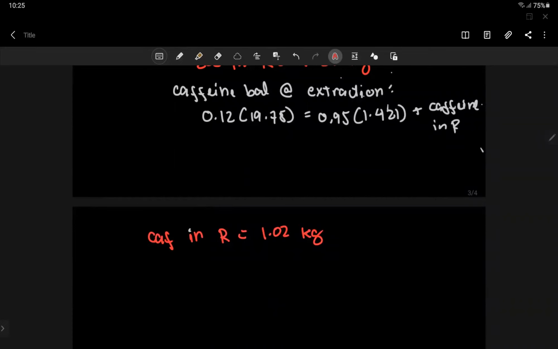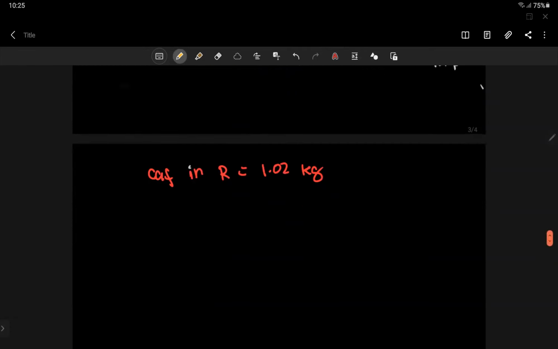Okay, so you now know already yung caffeine sa R, alam niyo na rin yung DCS sa R. So let's summarize that, our composition.